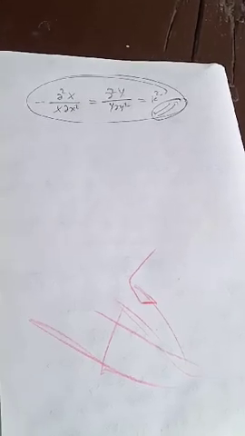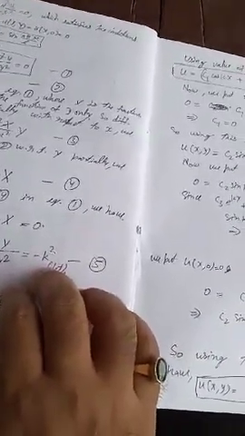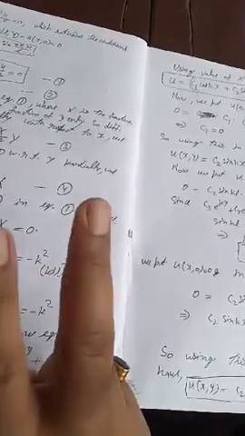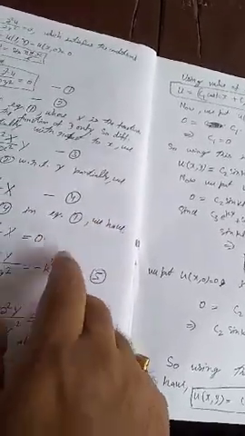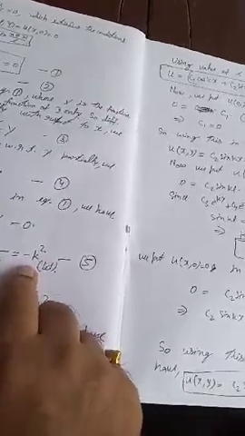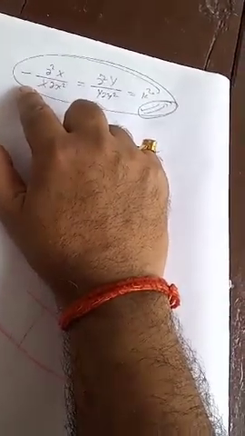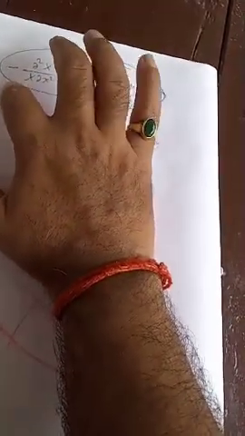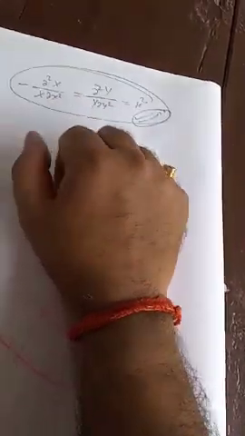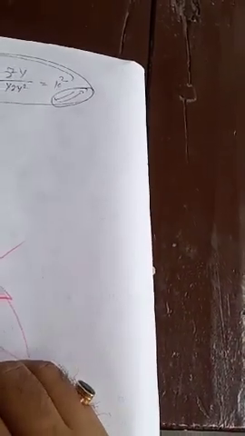So be careful to decide whether the value of k is positive or negative. Both ways the solution will be possible. When we take this case, we take the negative sign of k, and when we take this case, X will be negative, so we take k square positive.